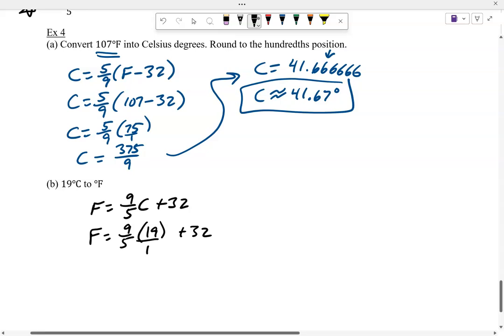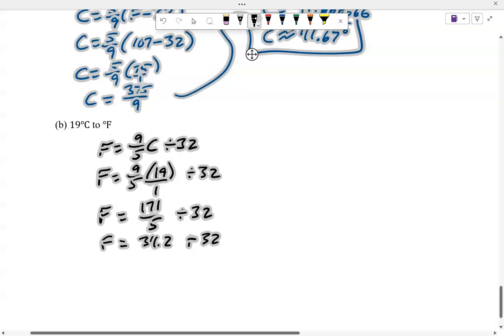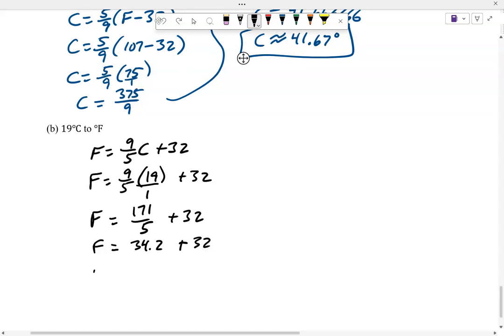So we got 19 times 9 gives us 171 over 5, that gives us 34.2. Plus 32, which gives us, there we go, 66.2 degrees Fahrenheit.